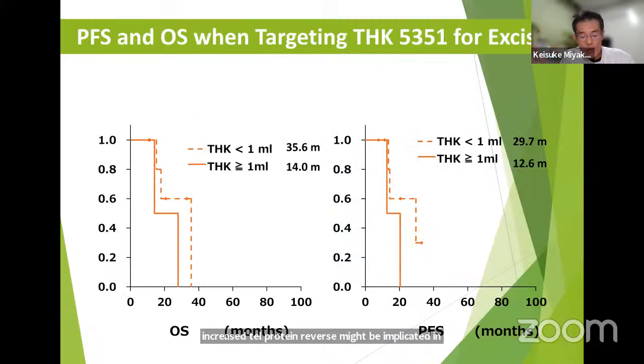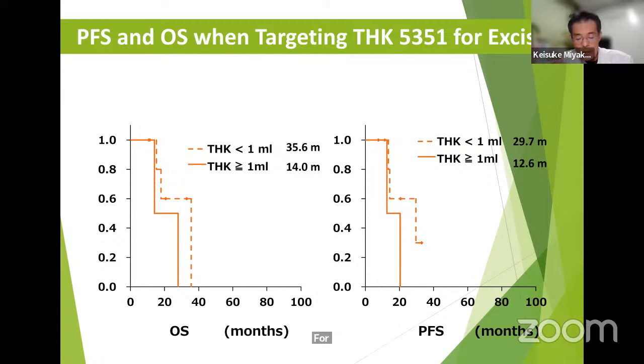So our data shows this Kaplan-Meier curve presenting the results of progression-free survival and overall survival when targeting the excision of THK5351. Excising the remaining volume of THK5351 to less than 1 milliliter has extended both progression-free survival and overall survival.